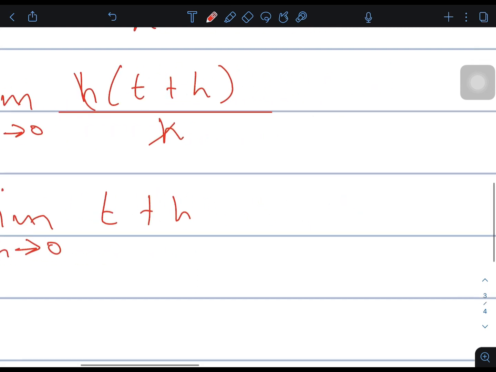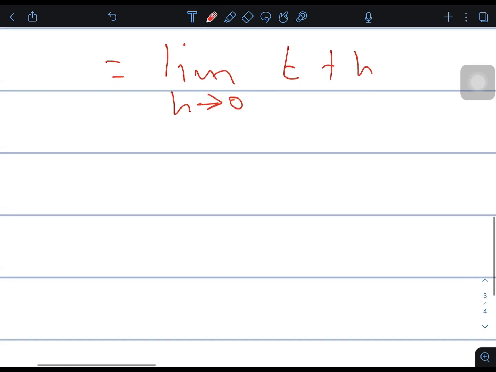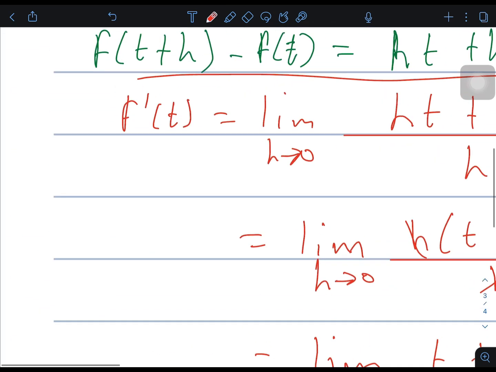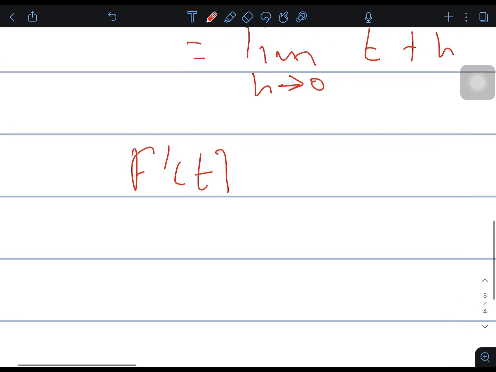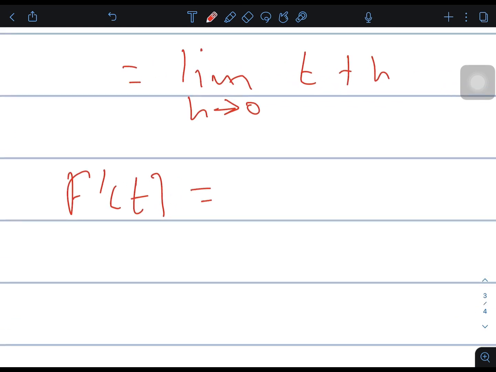Now h is approaching 0, that means going to 0, so our final answer would be f prime of t is equal to t, because this will go to 0. So basically guys, that is it when you are doing first principles.